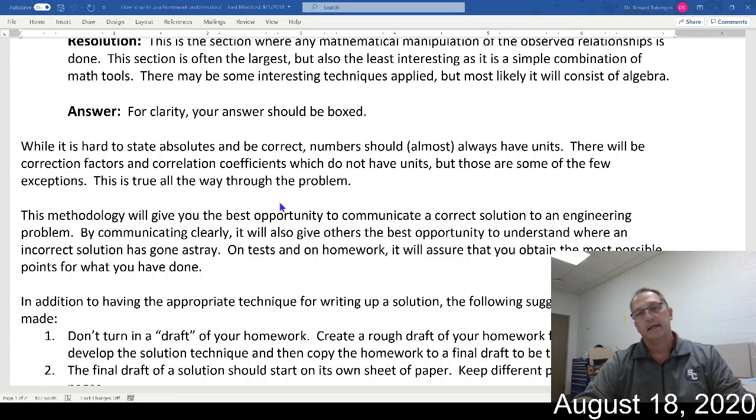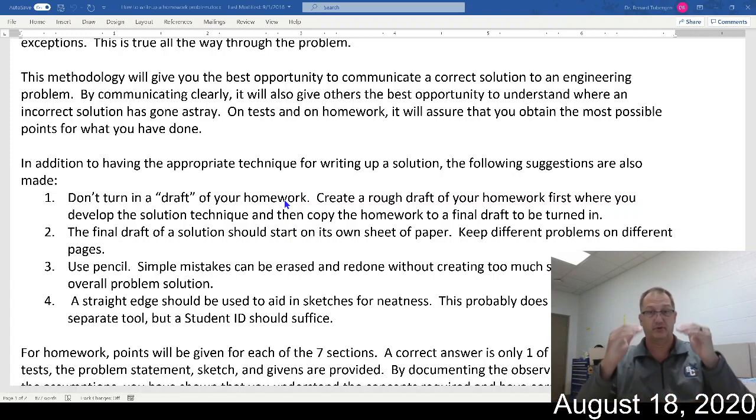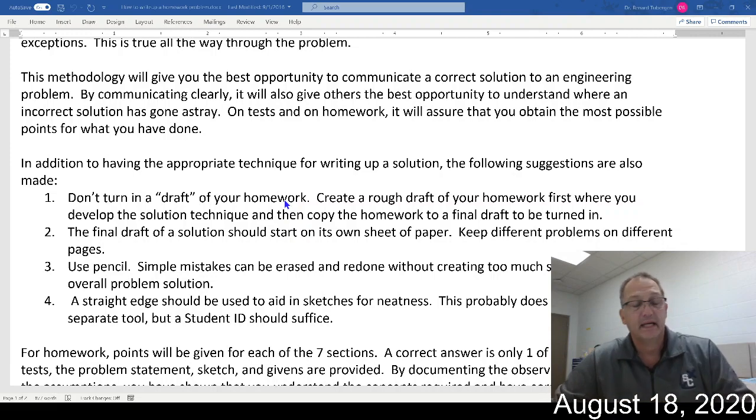So I've got a couple more suggestions. In addition to just knowing the format, sometimes it helps to have a draft that you've just worked through. Here, this is what I know. This is what I can do. And then rewriting that into a solution so that it is neat and organized, and these 7 different areas are well laid out.